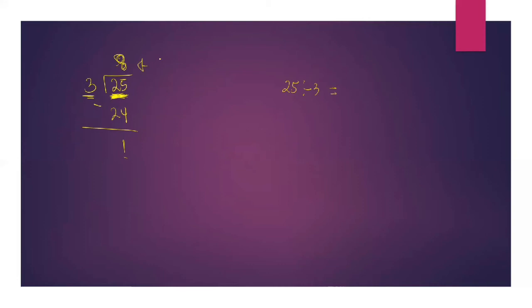And then, yung 1 natin, eto na yung tinatawag nating remainder. So, since eto na yung tinatawag nating remainder, we will have the answer as 8 remainder 1. So, how are we going to check this one?